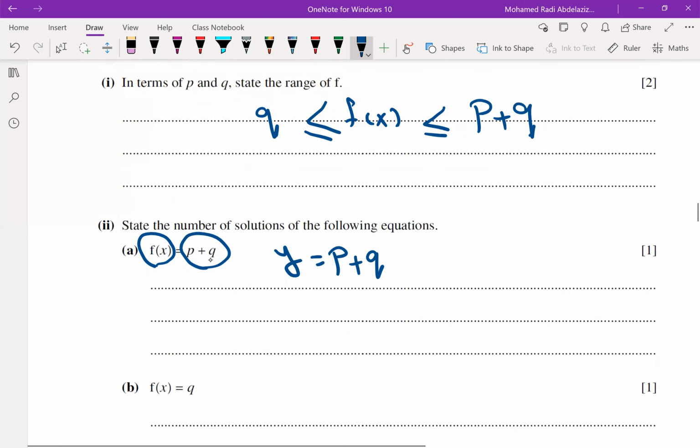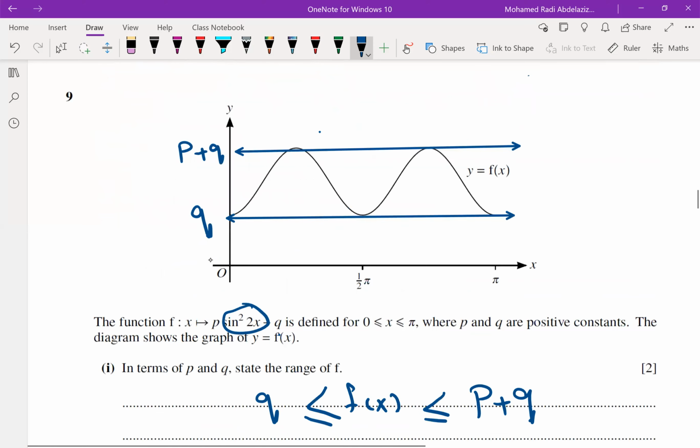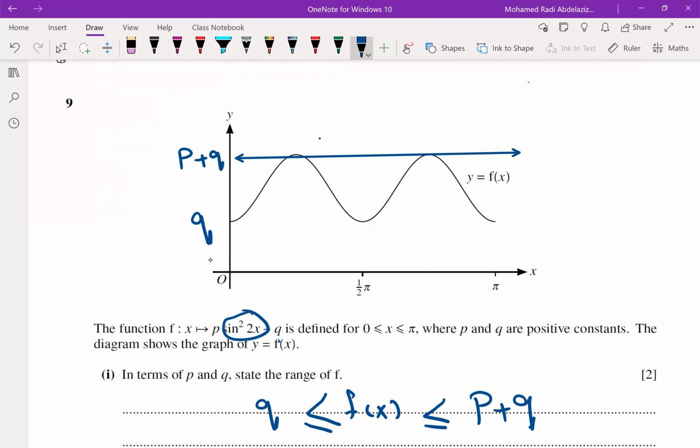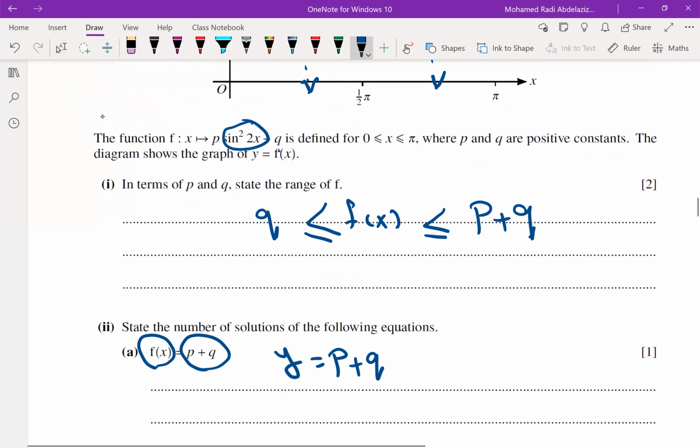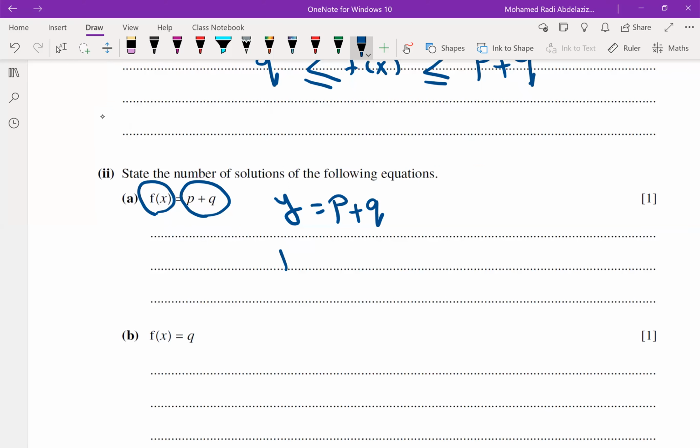It's a constant value, so this line is up here. How many solutions? This line touches the curve at 2 points. So 2 solutions. You can estimate your answer if I ask for the values graphically, but he asked only how many solutions, so just 2.